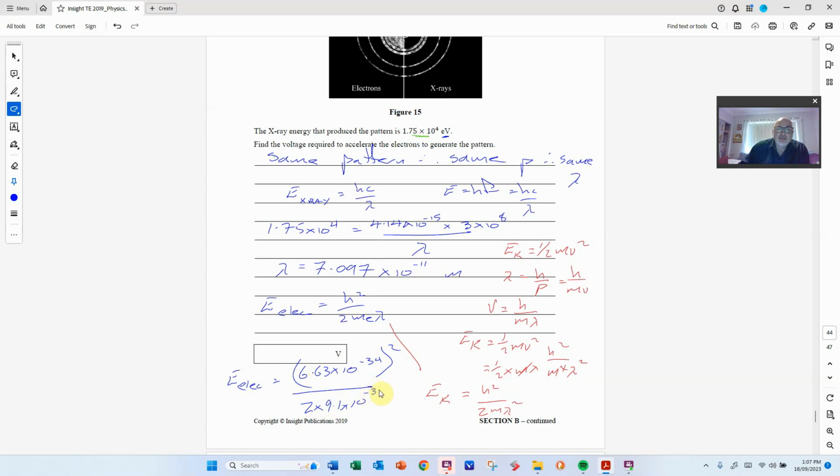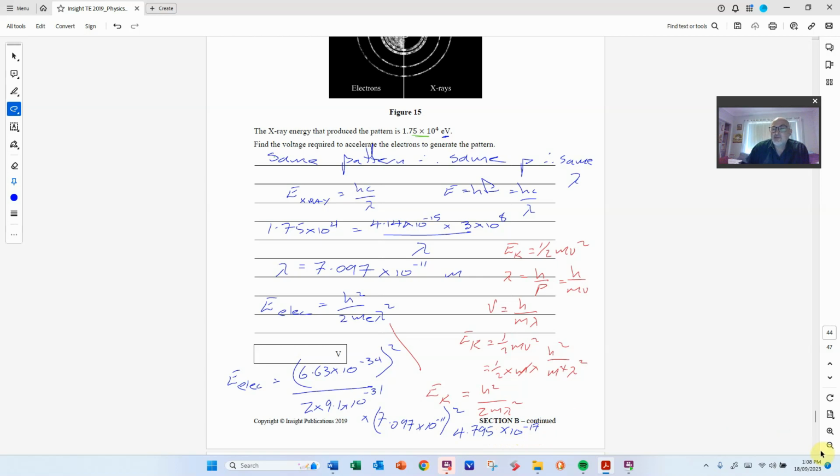I can never remember that last bit, times by lambda squared, times by 7.097 by 10 to the negative 11 squared, and that gives us 4.795 by 10 to the negative 17 joules.